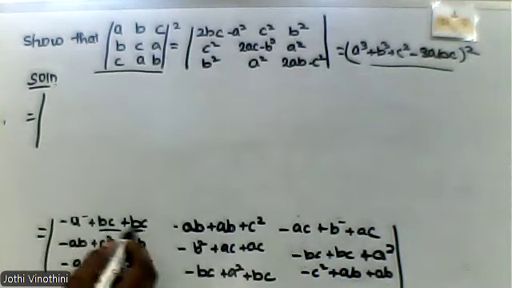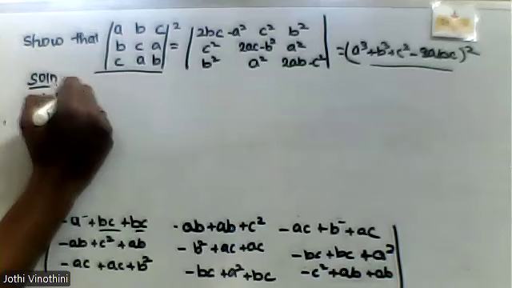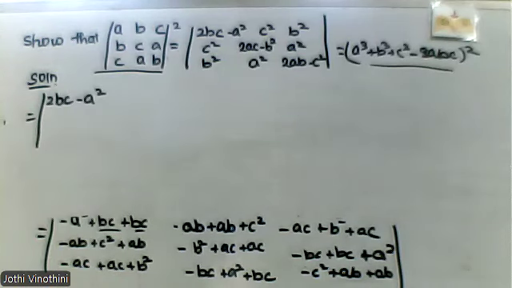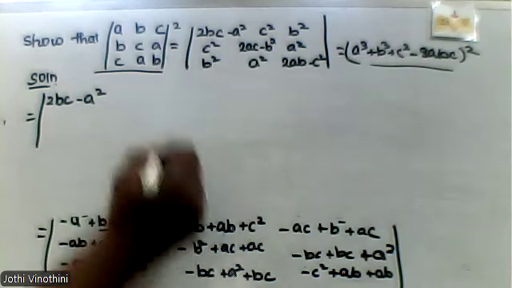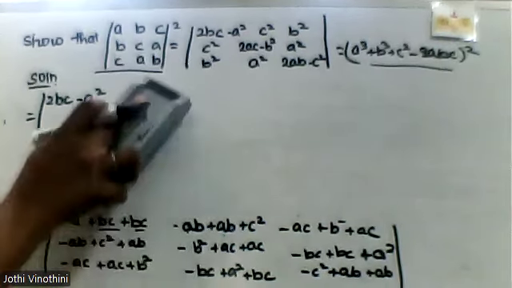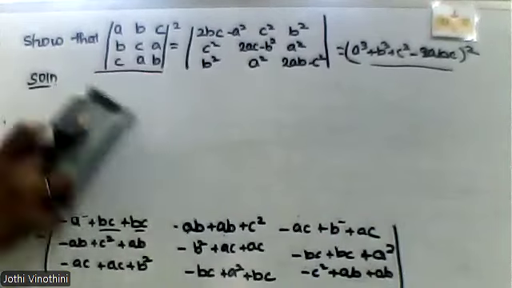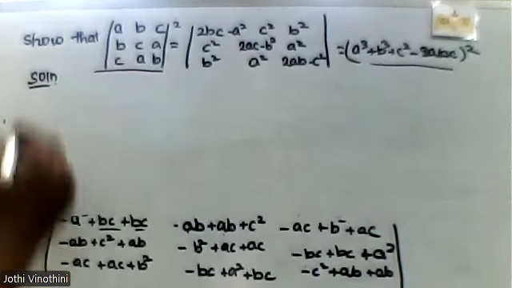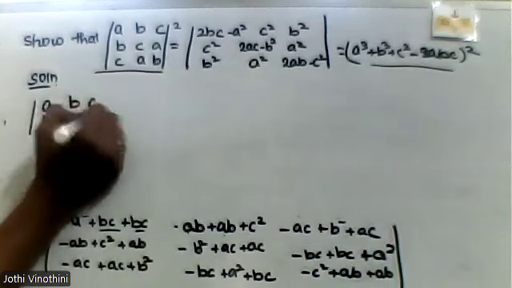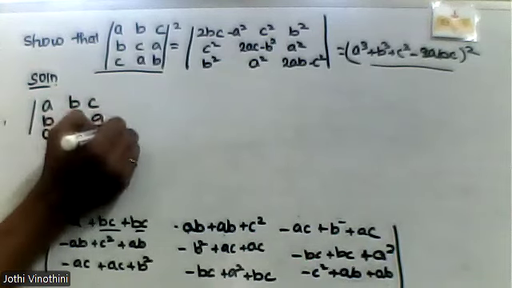Here BC plus BC is 2BC minus A squared. Here minus AB plus AB will get cancelled. What we have here is C squared. Once again, before that, we can write what we started to solve: A, B, C; B, C, A; C, A, B, the whole square.